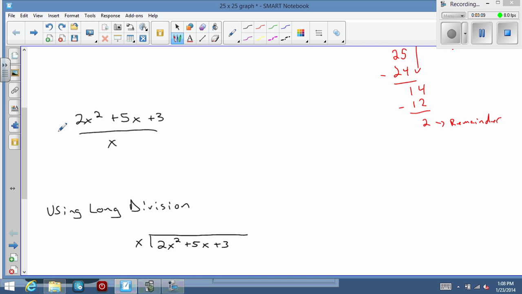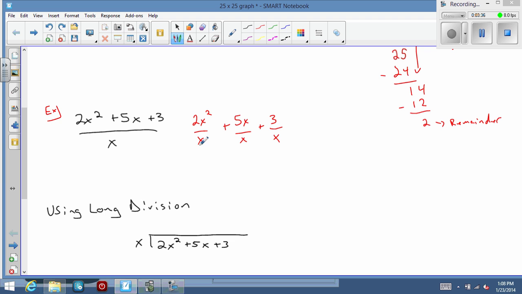Here I have an example where we have 2x squared plus 5x plus 3 divided by x. Well, in this situation, because x is a monomial, we could actually just simplify this as a fraction. So I'm going to split this up into separate terms. So we get 2x squared over x plus 5x over x plus 3 over x.